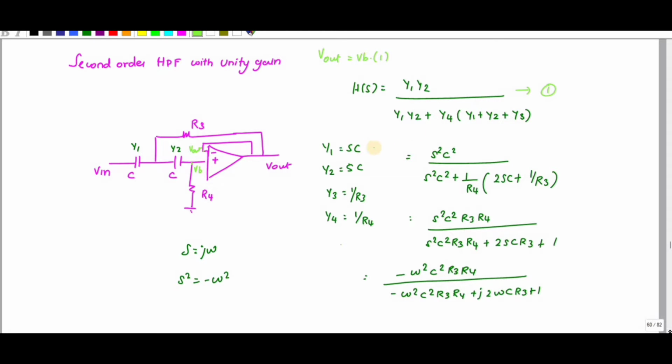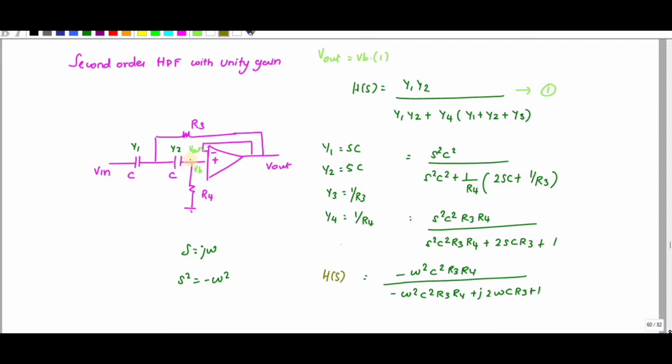You can refer to it. I am going to substitute these 4 values in place of y1, y2, y3 and y4, and replace S equal to j omega, and S square is nothing but minus omega square. I will get H of S is equal to minus omega square C square R3 R4 divided by minus omega square C square R3 R4 plus j 2 omega C R3 plus 1.